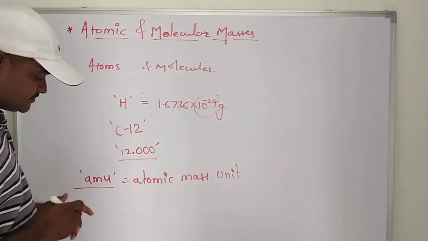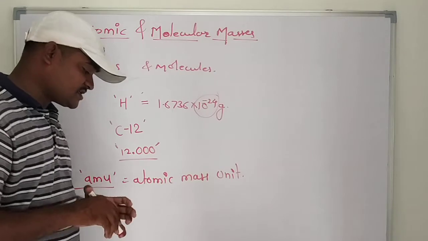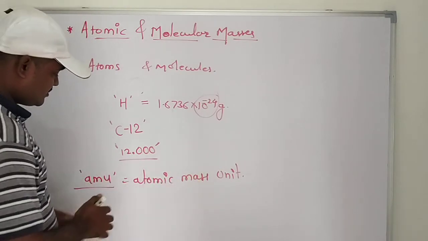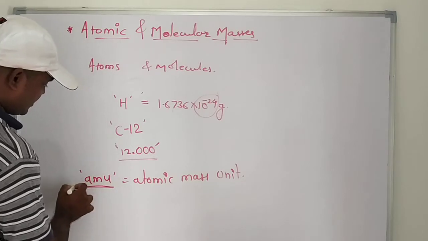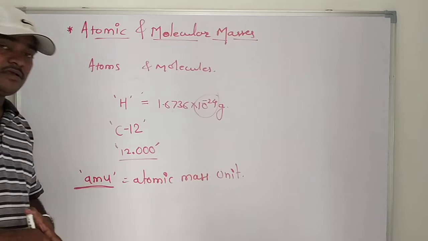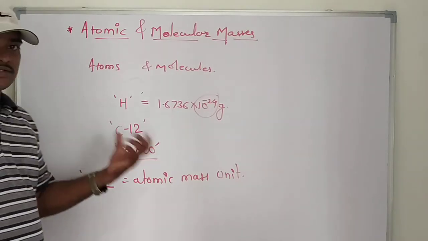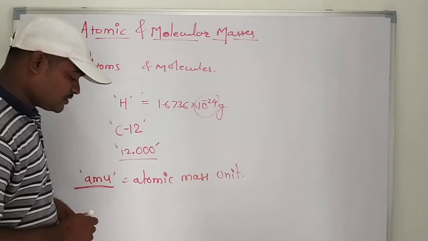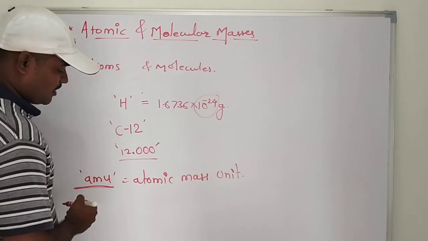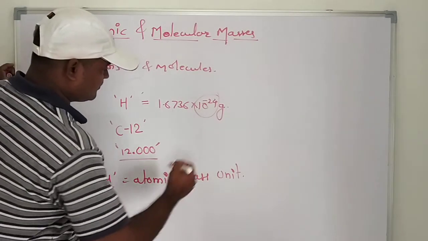The atomic masses which are expressed in this unit, we call it the atomic mass unit. One atomic mass unit is how much? It is a mass exactly equal to 1/12 of the mass of one carbon.